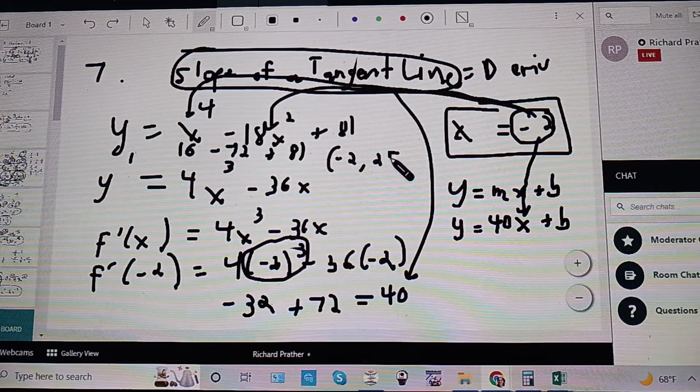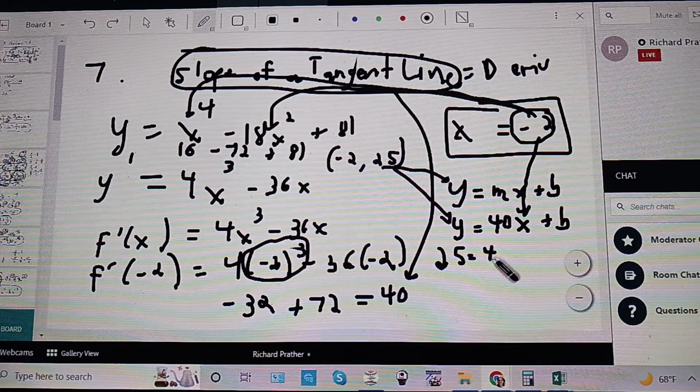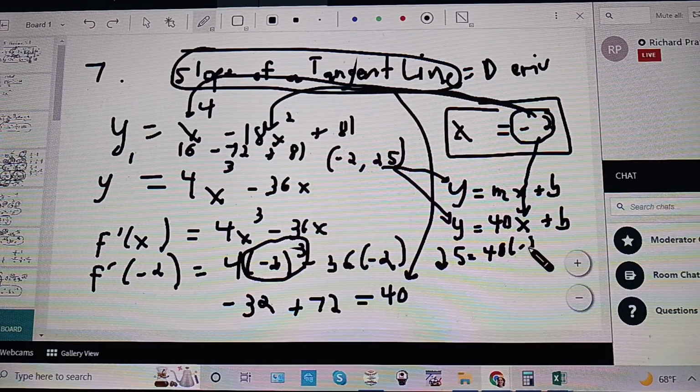They commonly do this where they only give you the x and they make you find the y, but you have to remember to go back to the original function for that, not the derivative. So the y value comes from the original function. The 25 will go right there then, or actually down here. But so 25 equals 40 times -2 plus b.